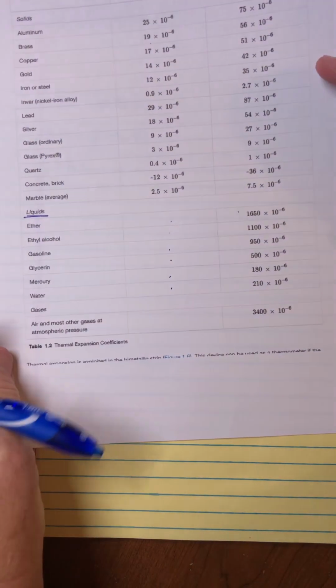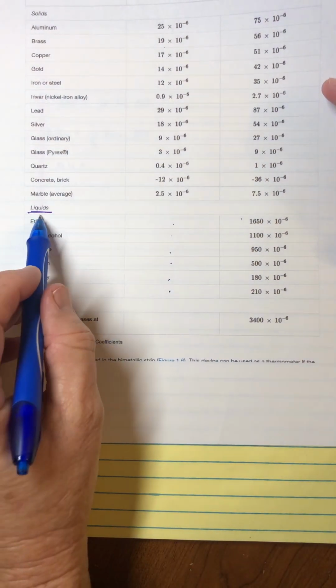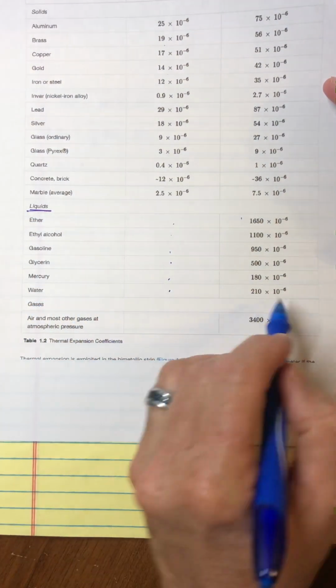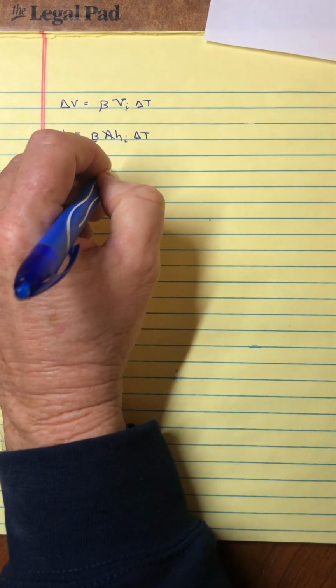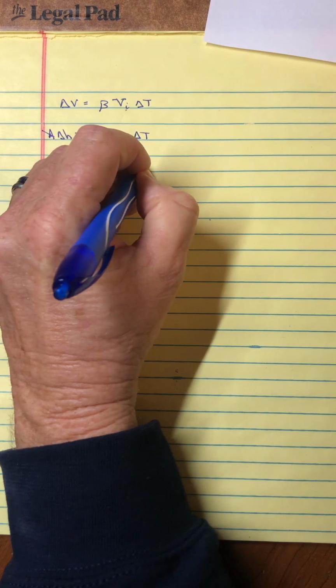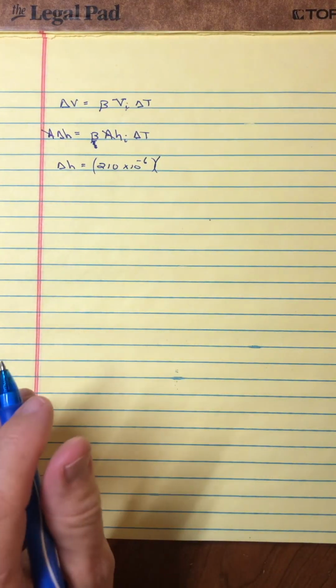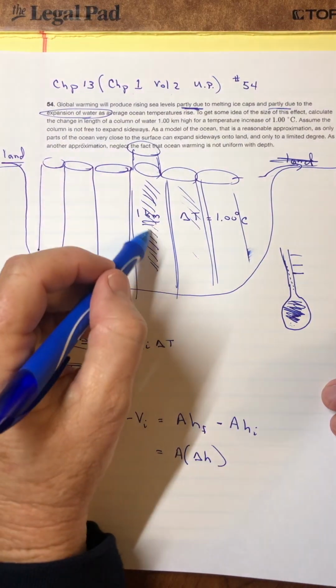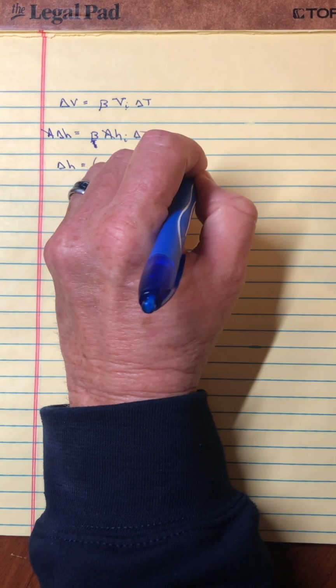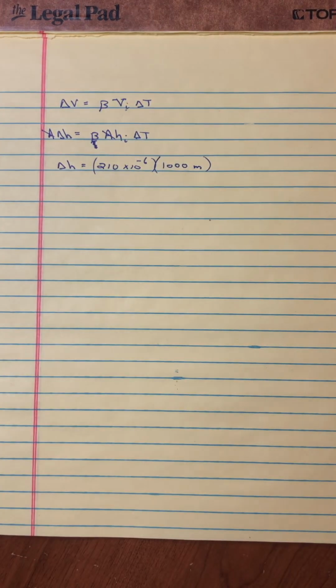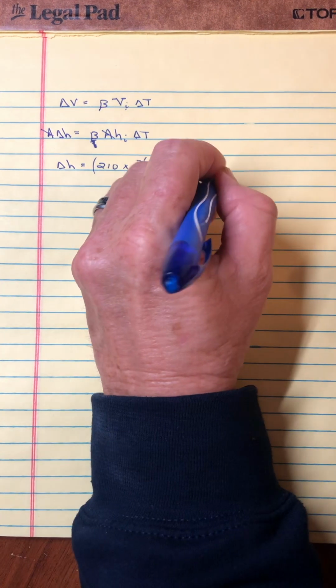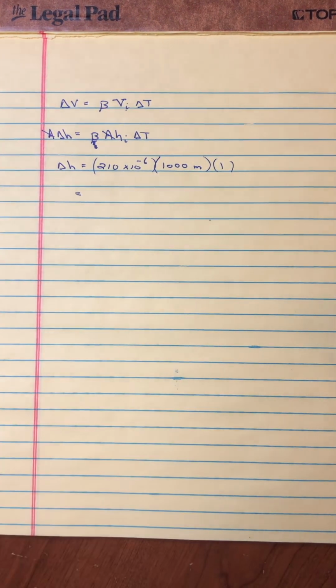So let me come back to the little chart here that's been measured. Here's my liquids going down. It looks like water is right there. So 210 times 10 to the minus 6. My initial height from the problem says, imagine this being 1 kilometer, which I'm going to write as 1,000 meters in length. And then my change in temperature is a 1.